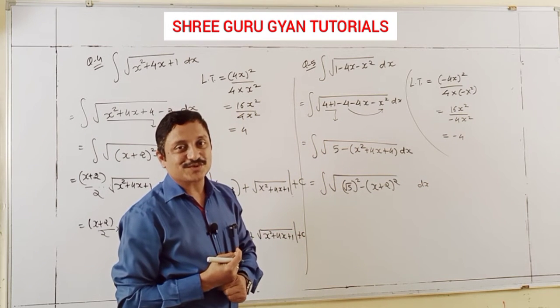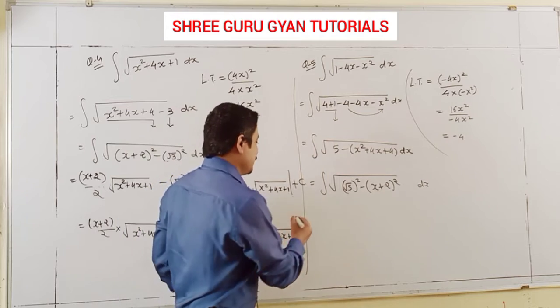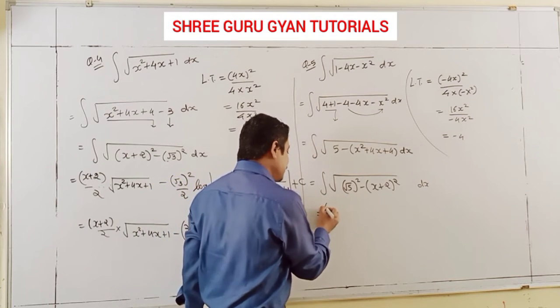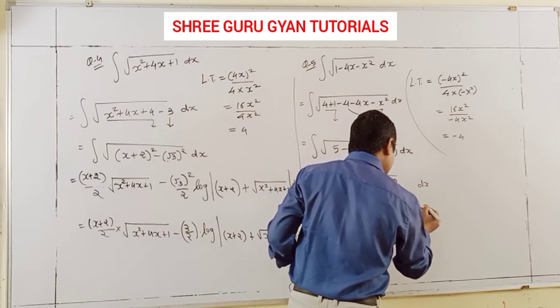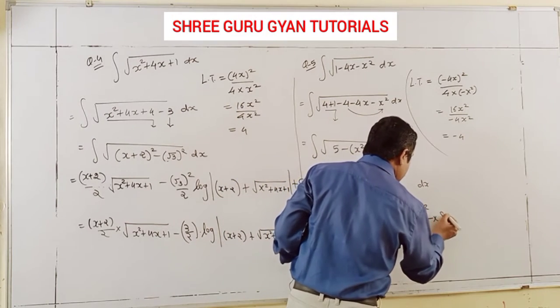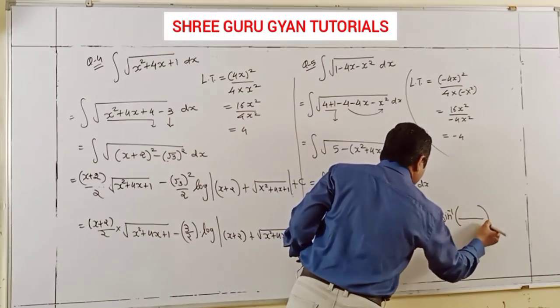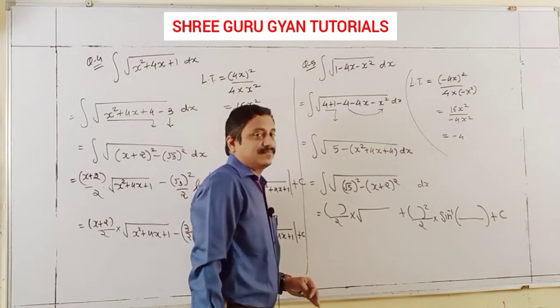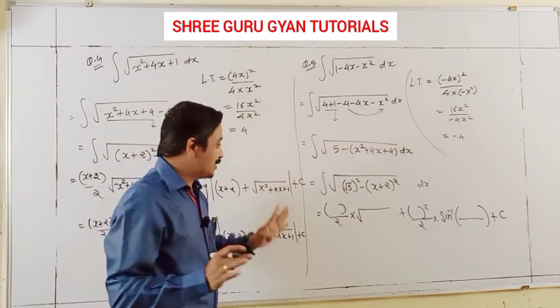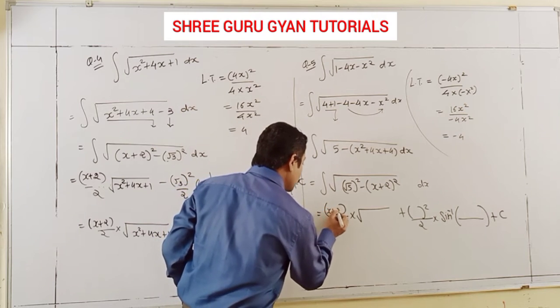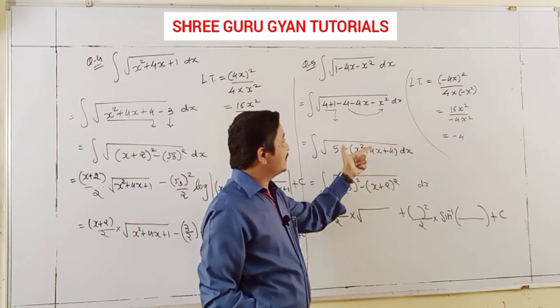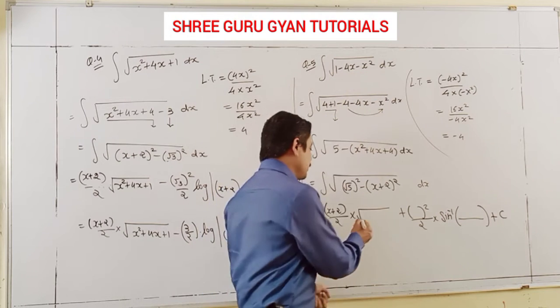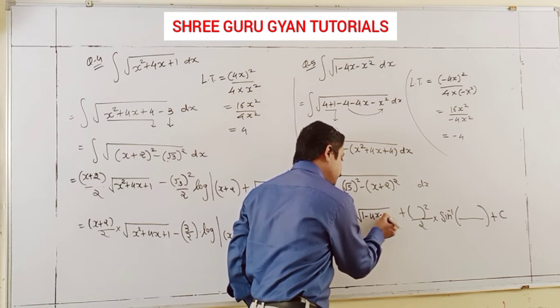Now constant square minus variable square, so you have to use x by 2 root a square minus x square, plus a square by 2 sin inverse x by a, plus c. Very simple. And what is your x? In this root, write down either this, either this, either this. Best way, direct write.